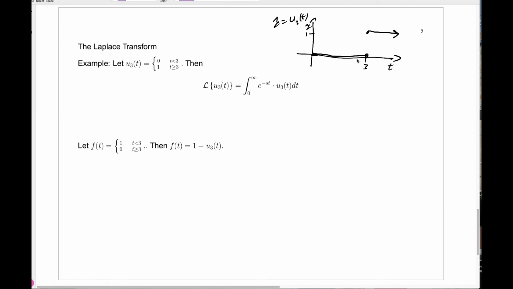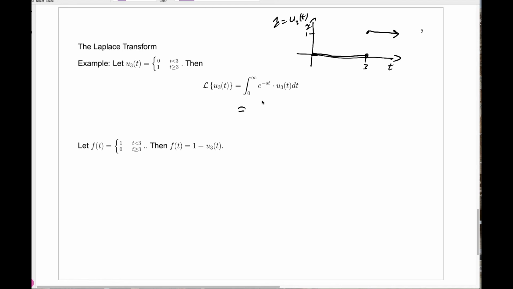Can we take the Laplace transform of such a discontinuous function that has a single jump discontinuity here at 3? Well, the answer is yes. Integration has no problem with that. How do we integrate from 0 to infinity e to the minus st times u sub 3 of t? That's the Laplace transform of u3.